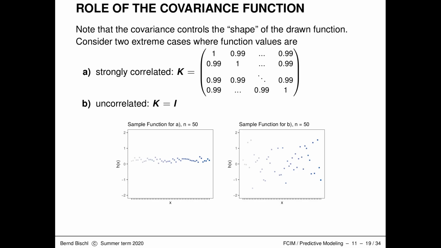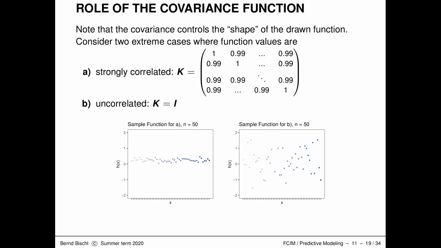These covariance functions kind of induce my covariance matrix. But let's just talk about how different structures of such a covariance matrix influence the shape and the mathematical properties of the functions that I'm sampling from such a covariance function.